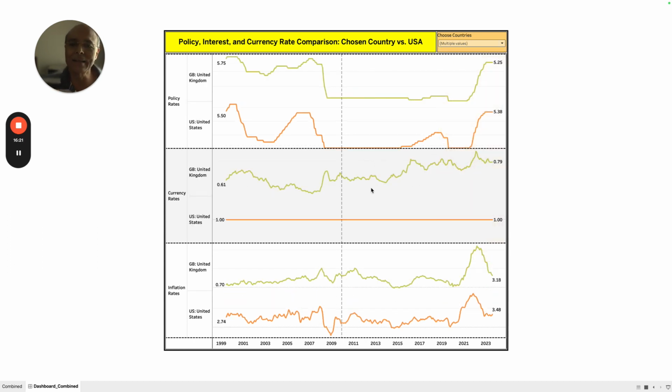At the end of the day, what I want to say is that the interest rate decision of the central bank of a particular country is not independent. It is not solely driven by inflation. It is driven by the urge to maintain the stability of the currency, and it has got a huge amount of impact from the US policy rates. This is clearly evident from this chart.